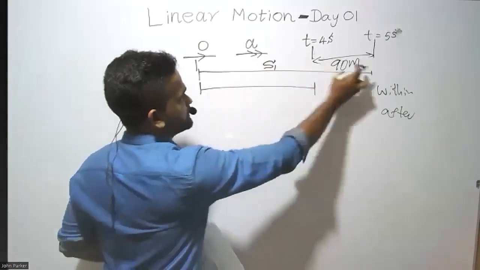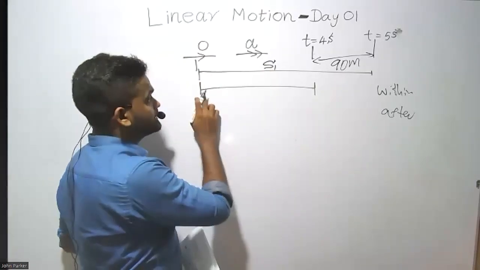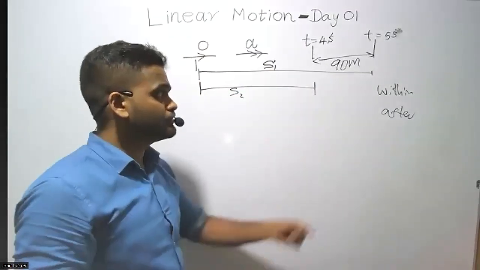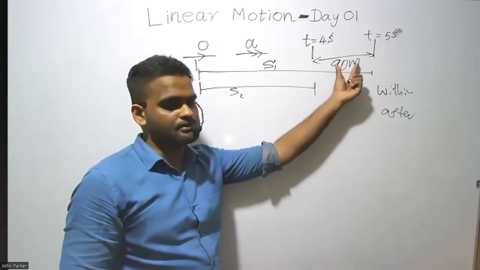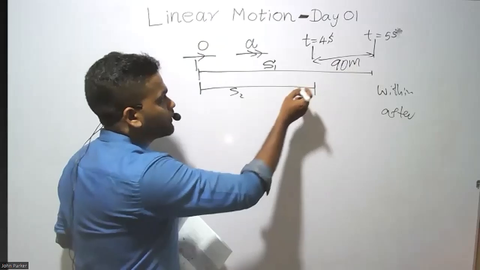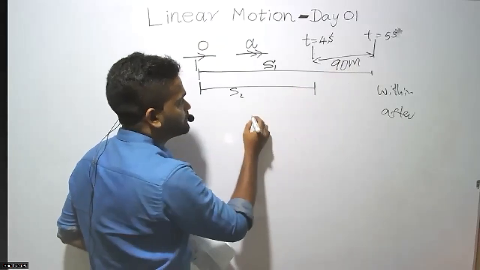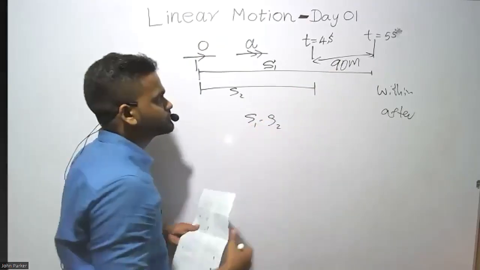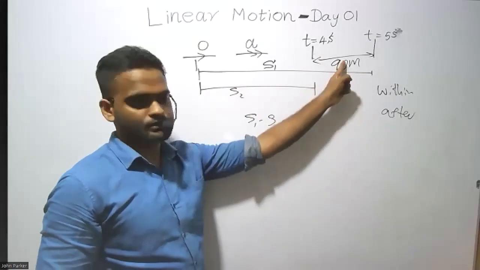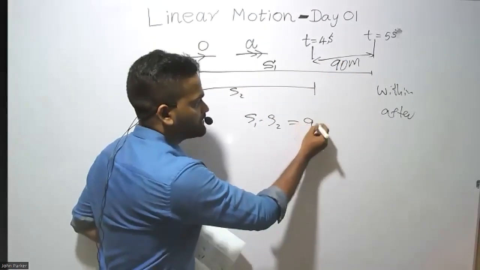Distance from here to here is S1. Distance from here to here is S2. I need to involve this 90 meters, right? That's why I do that. So 90 meters is equal to what? S1 minus S2. S1 minus S2 equals 90 meters. Now I have an equation.